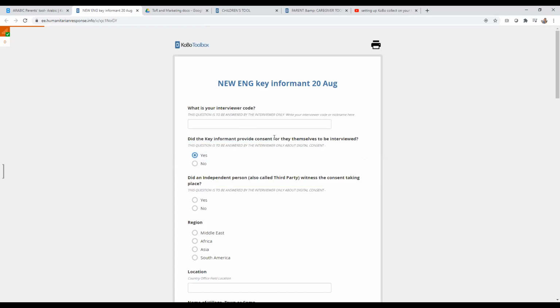No. The reason why is because we have an independent person, a third party, who is witnessing this consent taking. This could be a volunteer or a teacher or another colleague of this person. If you're talking to somebody from Save the Children, maybe you're going there, and then you will ask another person to confirm that this person is giving their consent for this form.